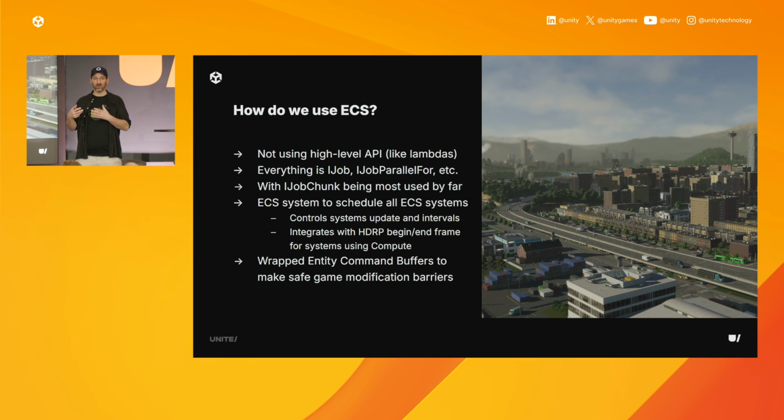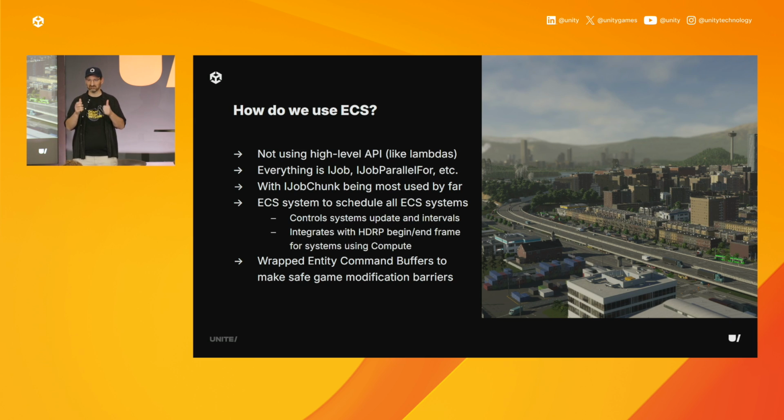And we have multiple update phases, which are arbitrary concepts that are synchronization points, so that when we touch the ECS world, we know that at the end of a modification, this data is ready to be used in the next one. For that, we use entity command buffers quite heavily, but we realized it's very easy to schedule an ECB in the wrong place without really noticing, because very often if you have an ECB that runs too early, it might not have any side effects.